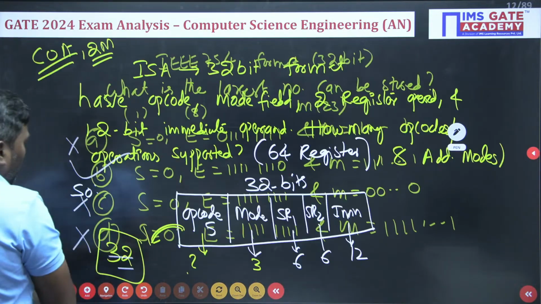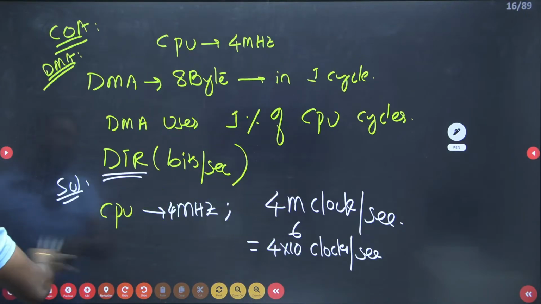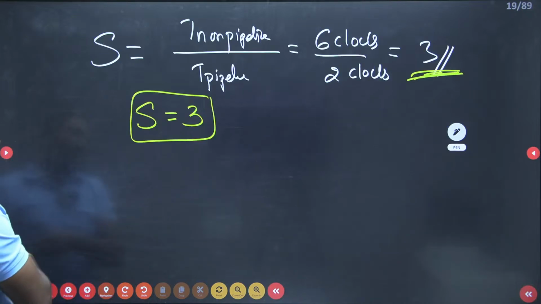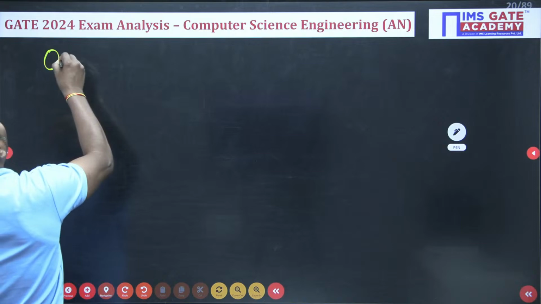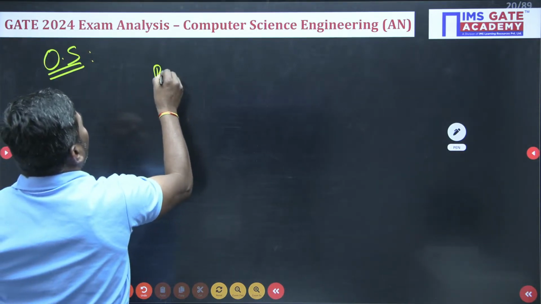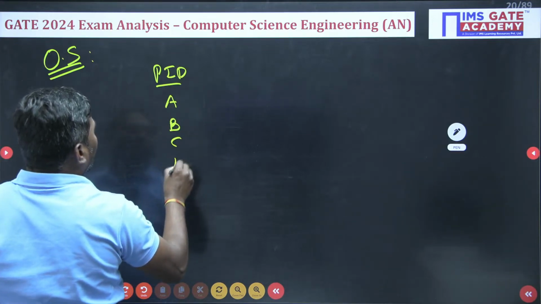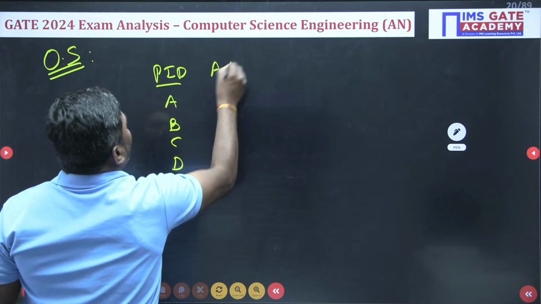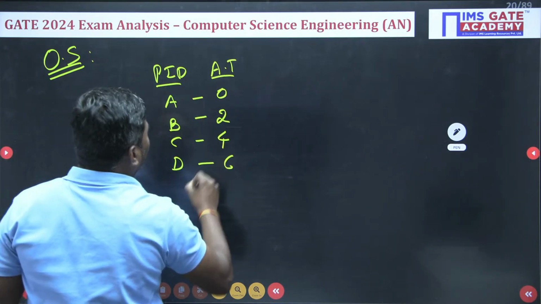Some questions came from operating system, we'll observe them. In operating system, there was a question given with process IDs A, B, C, D, and arrival times of the processes given as 0, 2, 4, 6.